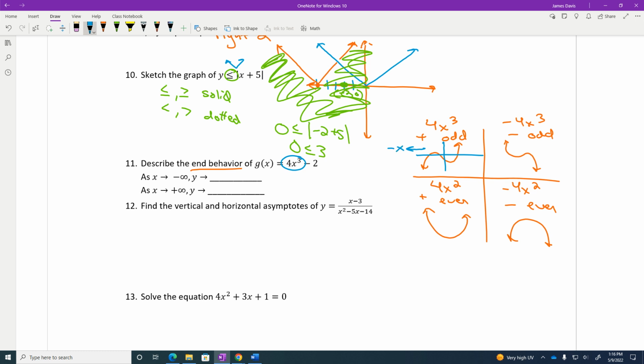The function, the y, sometimes it'll say f of x as well, y or f of x, goes down to negative infinity. And then as x goes to positive infinity, it's going up to positive infinity as well. That's what we mean by the end behavior. So you may be able to just look at it and tell what the end behavior is.